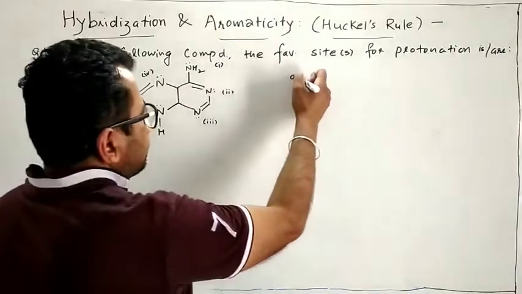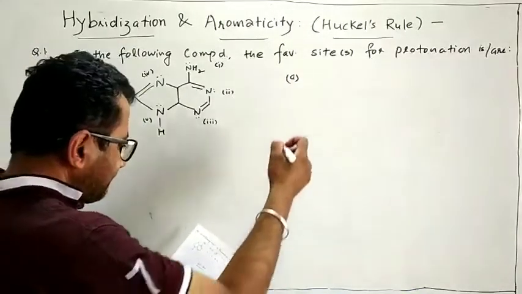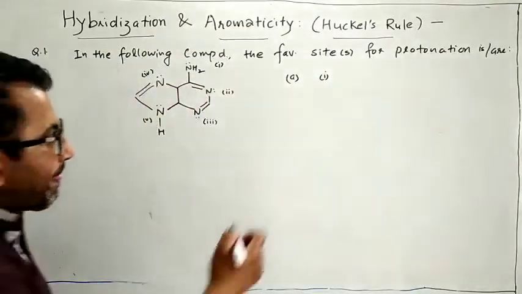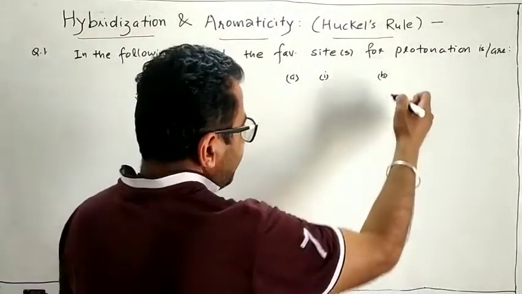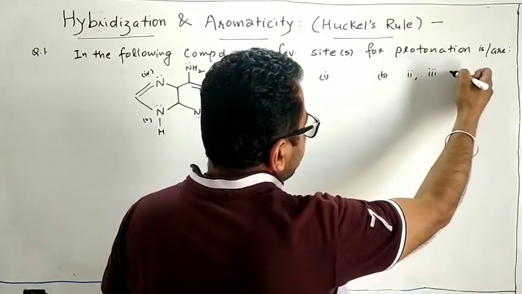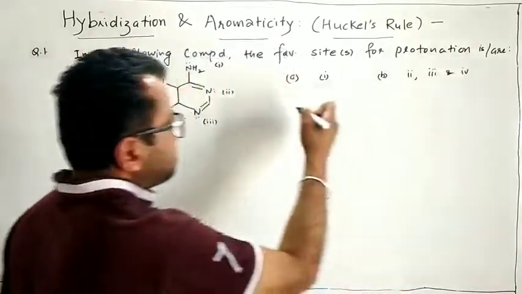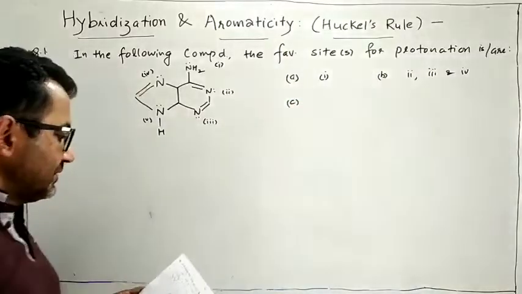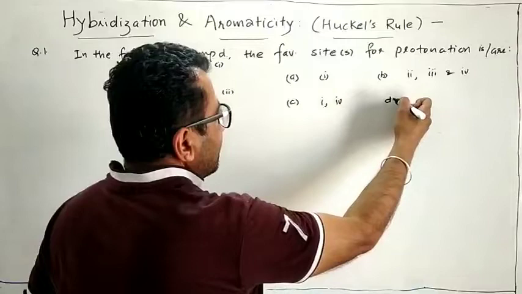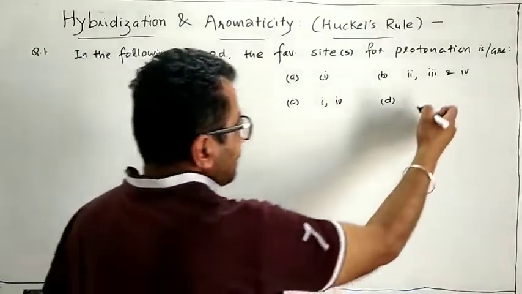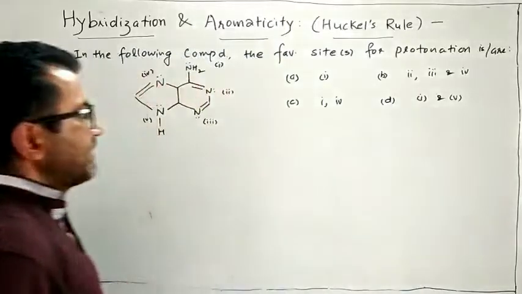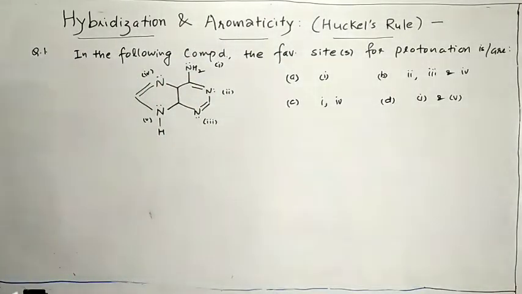Options are: option A is 1, option B is 2, 3 and 4, option C is 1 and 4, and option D is 1 and 5. So this is the question.